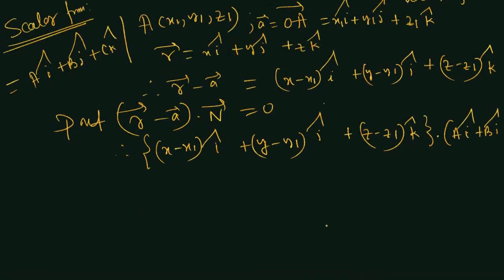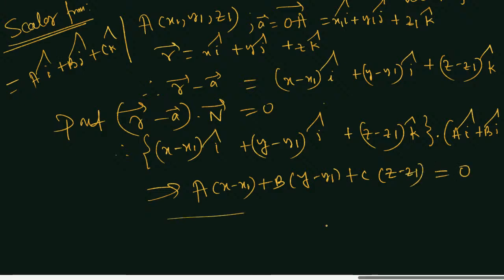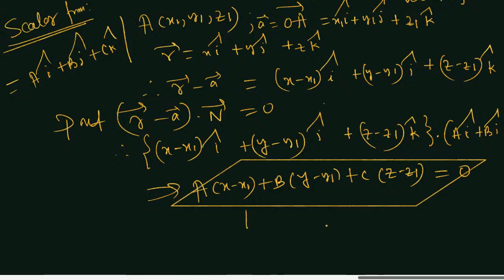So this is going to be changed to what? a times x minus x1 plus b times y minus y1 plus c times z minus z1 equal to 0. Okay. This is called the one point form. There is a name over there, the one point form of a plane.